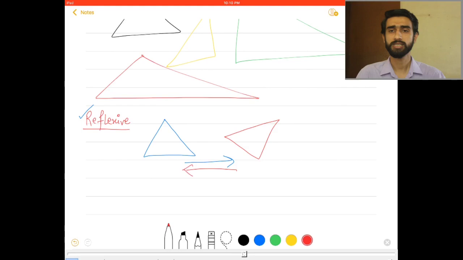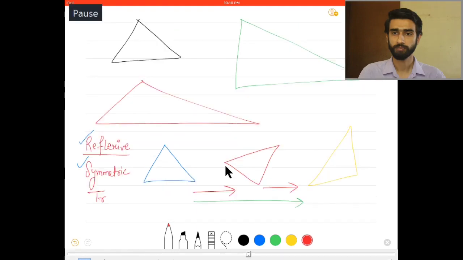Now for transitivity I need 3 triangles. If the first is similar to the second, है ना, these are in proportion, and the second is similar to the third, their sides are also in proportion. Can you say the first one is similar to the third? Yes, obviously, the relation of similarity is a transitive relation.